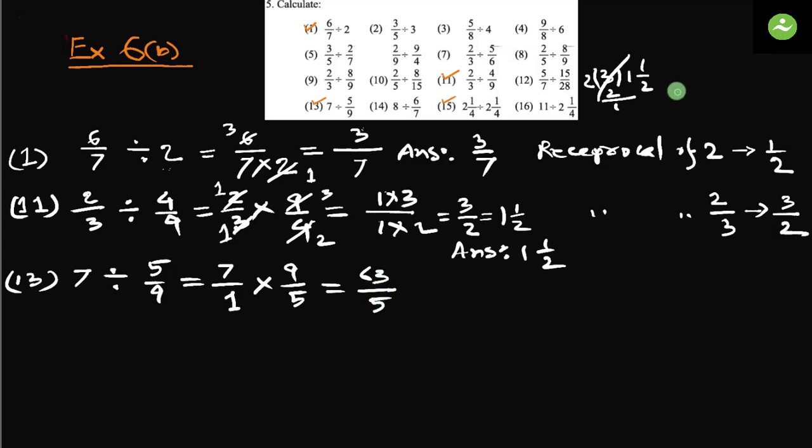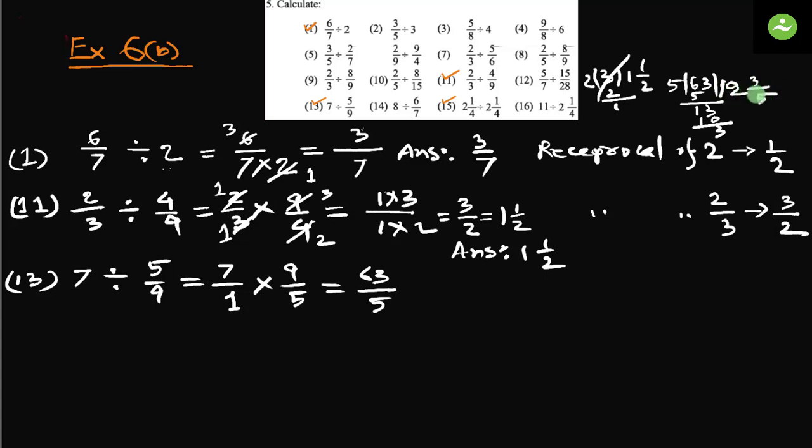We change it to a mixed fraction. 5 divides 63. 5 into 12 is 60, and the remainder is 3. So 12 and 3/5.